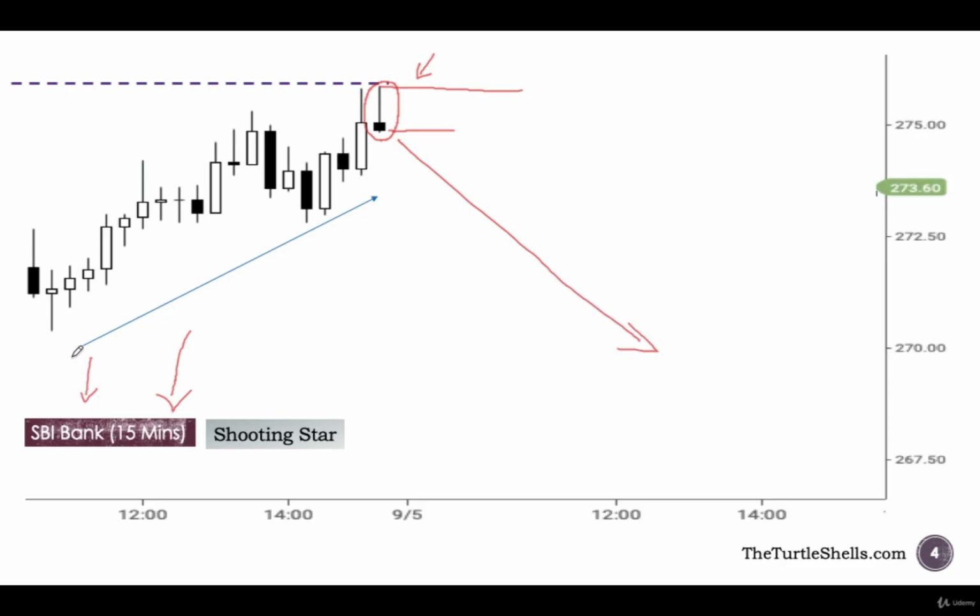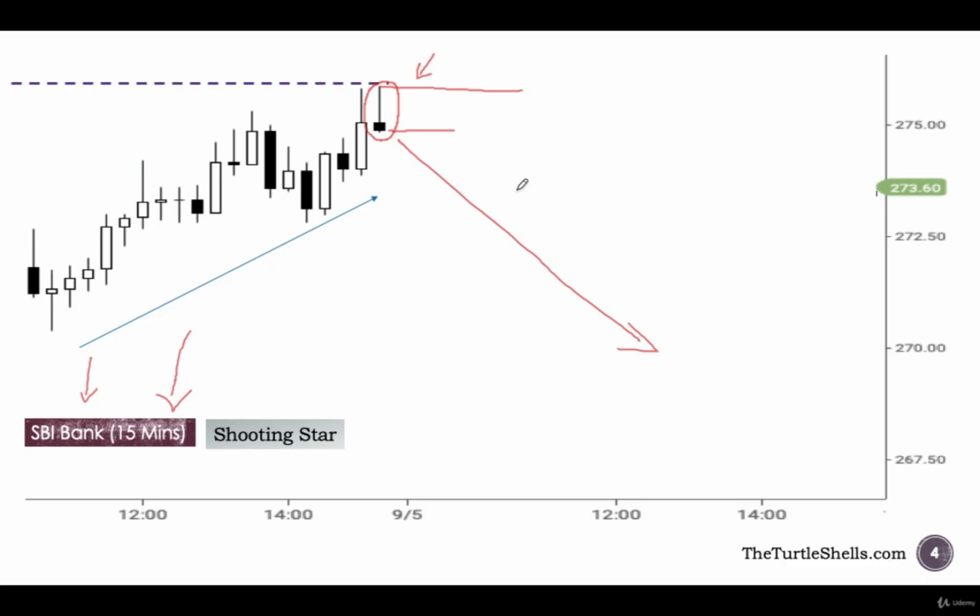Remember the conditions again. One is the shooting star must come after an uptrend. It must have a long upper shadow, which is more than twice the height of the real body. And it should have as small a lower shadow as possible.